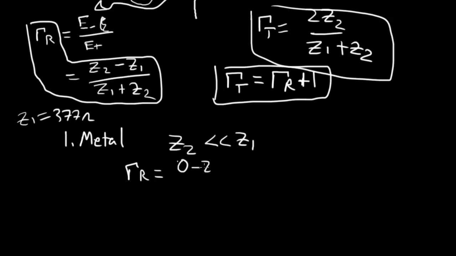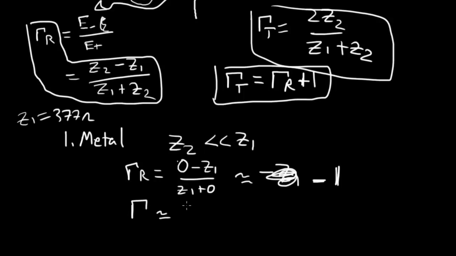So we have 0 minus Z1 over Z1 plus 0, which is minus 1. And what is the transmission coefficient in this case? It's going to be 2 times 0 over Z1 plus 0, which is approximately equal to 0.